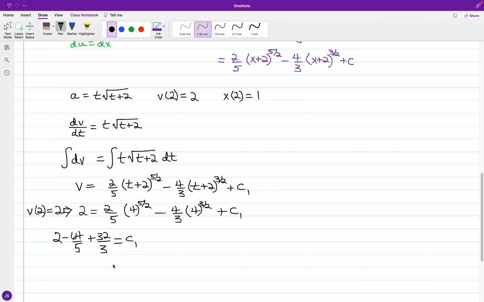Once I gather the values together, the outcome for c sub 1 ends up as a negative quantity, c sub 1 is equal to negative 2/15.